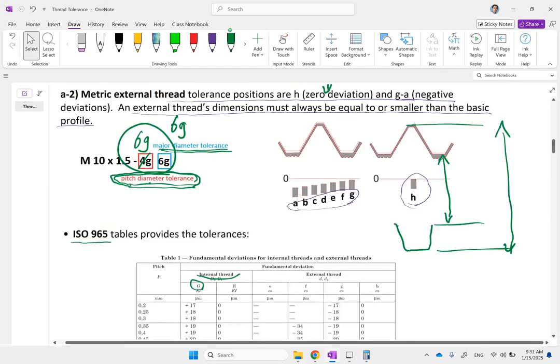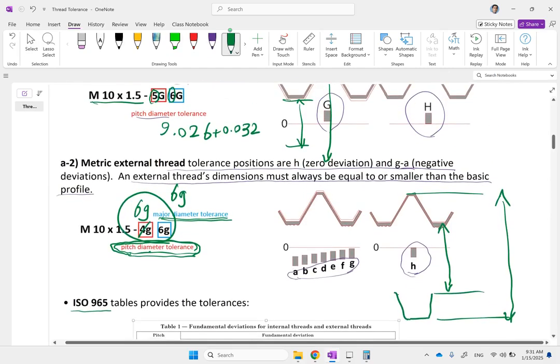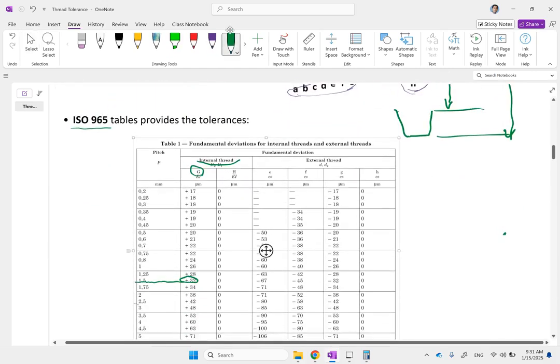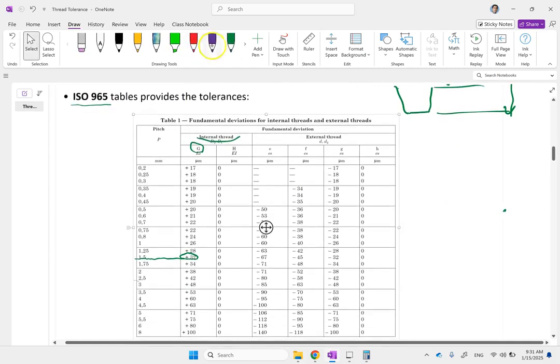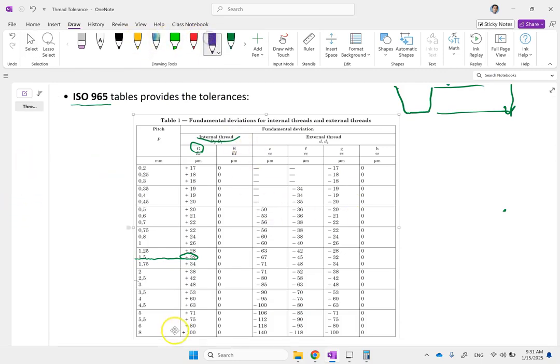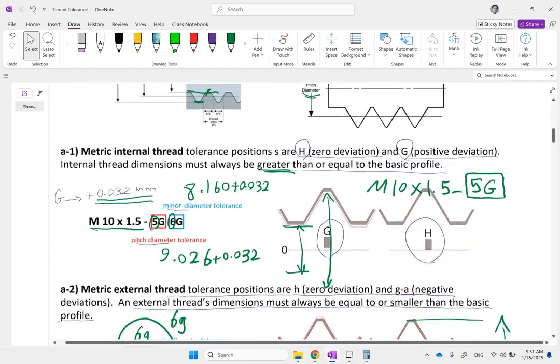And also for externals. If you want to do it for the other example, for this one here, again we go to class small g, and for class small g, if you continue this 1.5, let me click outside here. If you go down here for class g, you see it's negative 32. So negative 32 thousandths should be added for class small g in this case.